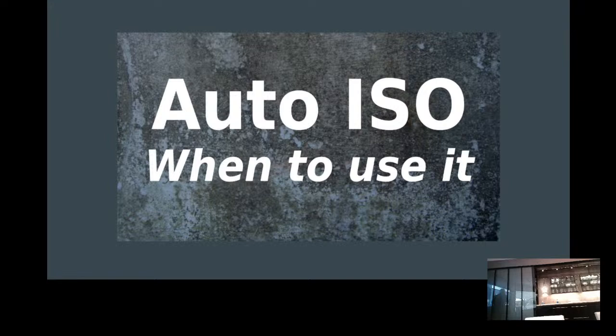I'm a strong proponent and user of auto ISO. I typically will use automatic ISO when I'm shooting. Not saying that I don't use regular ISO, but it is in more controlled environments where I can read the light really well and say, okay, well, I'm indoors, lighting is suspended about 50, 60 feet.